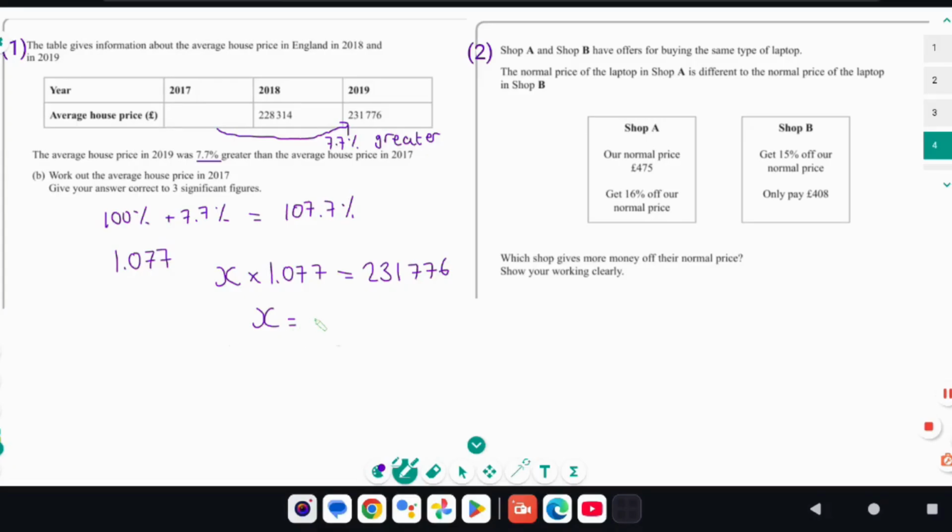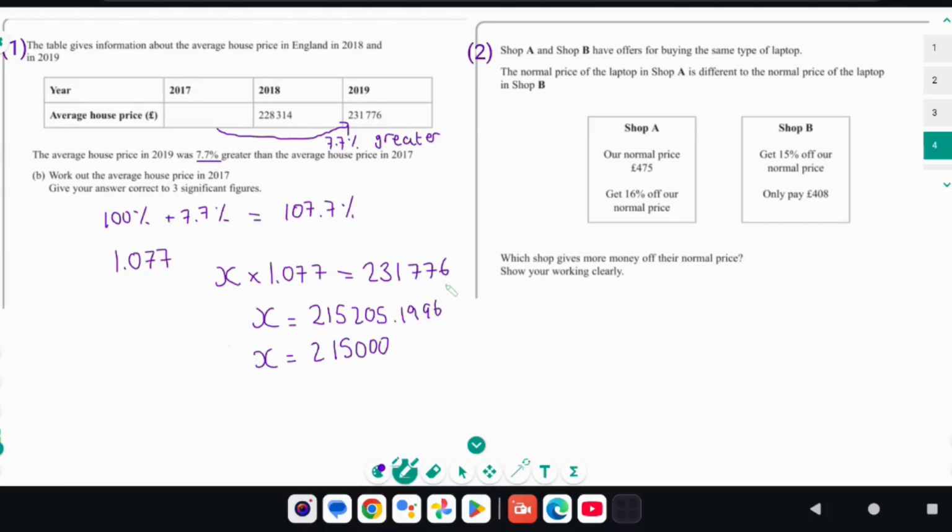Gives us the answer to 3 significant figures of 215,000.